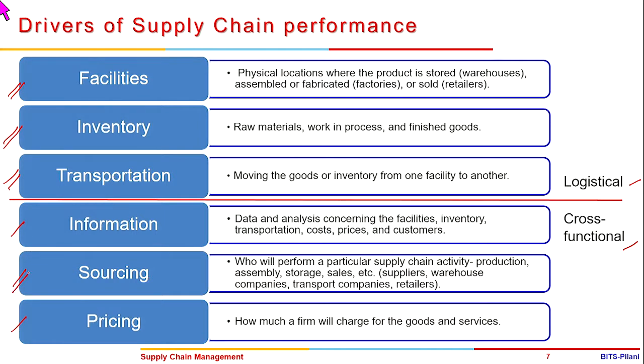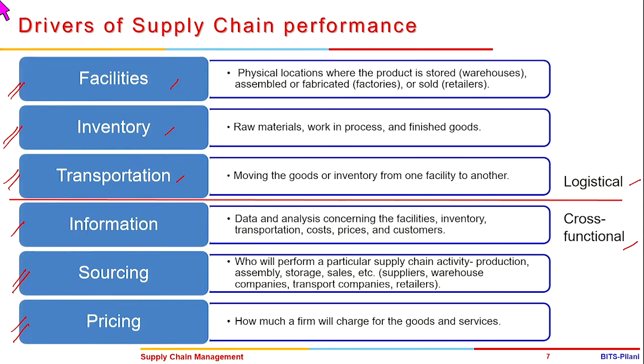Sourcing is about how to get the materials and operations done. So sourcing is about transportation. You may source or outsource transportation. You may outsource inventory management or warehouses, or you may outsource some of the production also. And the last one is pricing. Pricing is about the price at which you buy or sell the products.